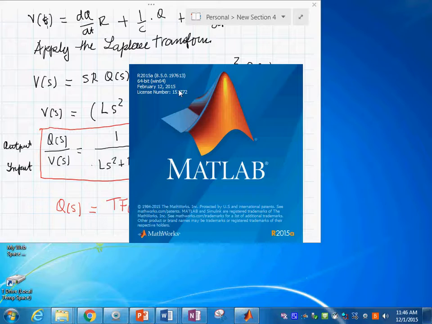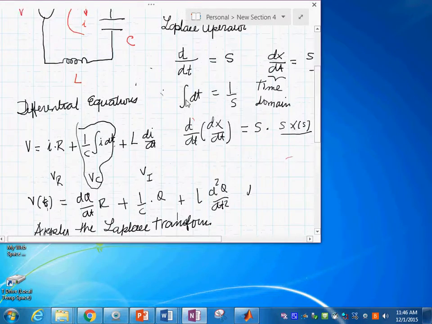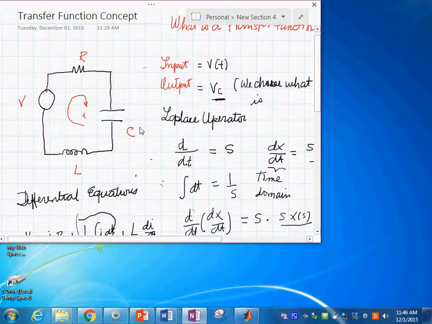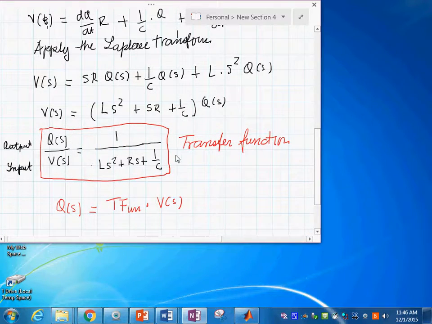As long as MATLAB cooperates with me in a moment, we'll do this real quick. The concept is what I'm interested in: you have the output and the input, and the relationship between them is called the transfer function.